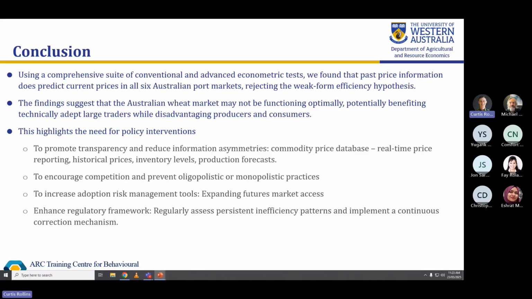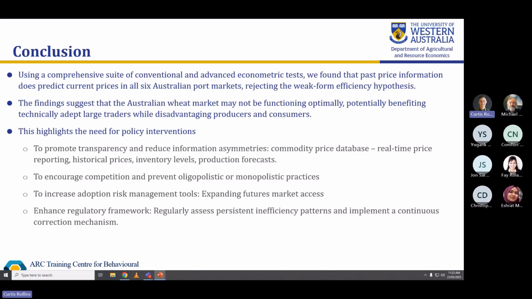That could be done through the establishment of a centralized commodity price database, which could ensure real-time price reporting, historical access to prices, inventory levels, or a production forecasting system, so that it can help the farmer to decide their marketing decisions.